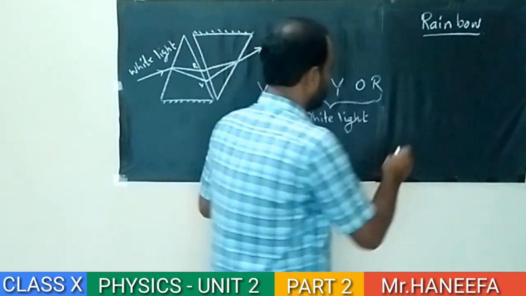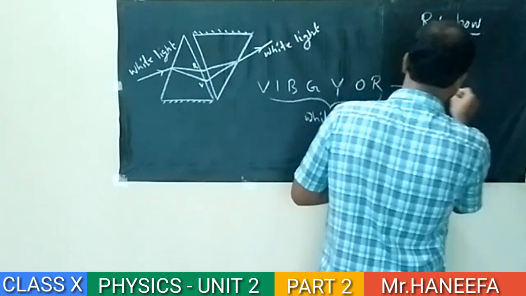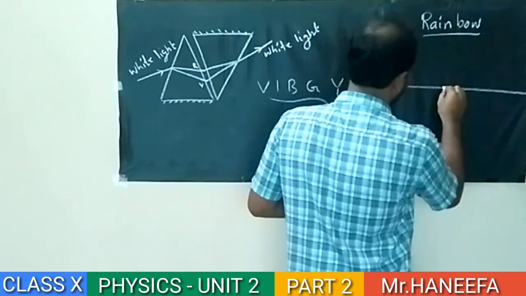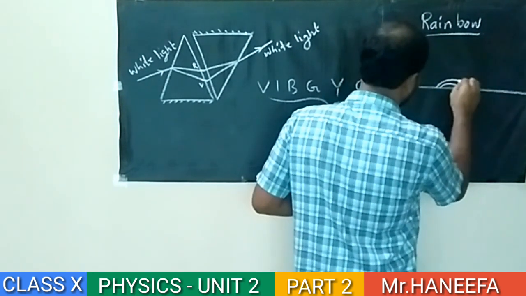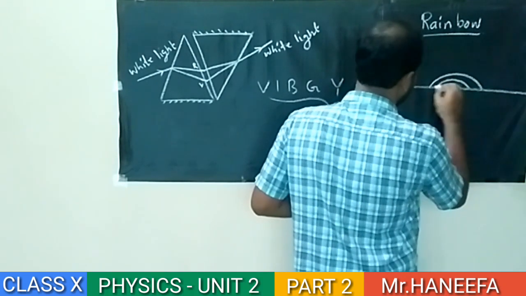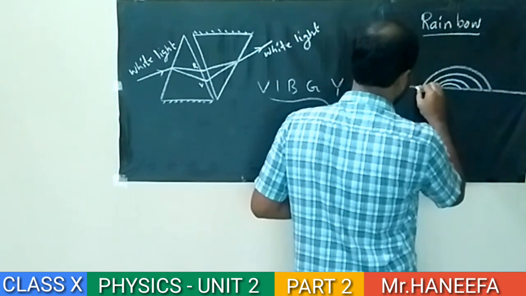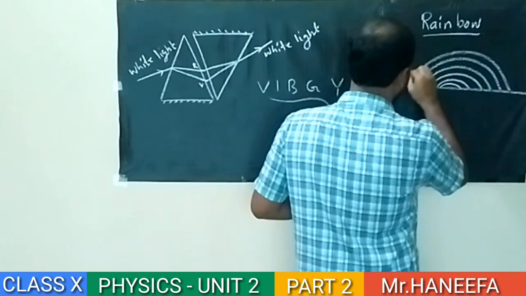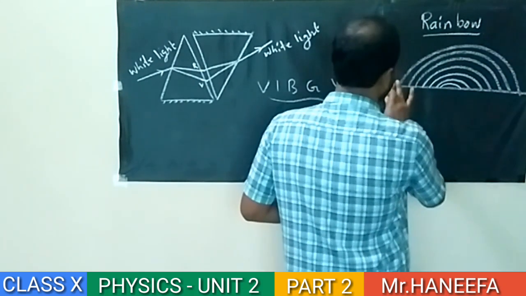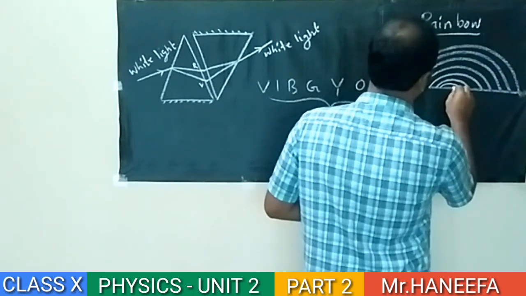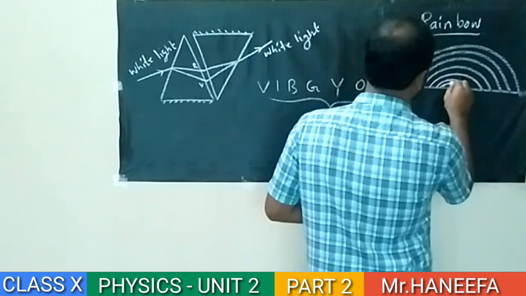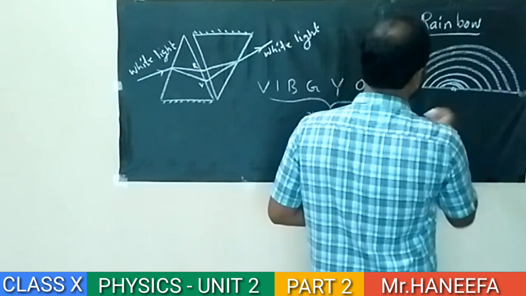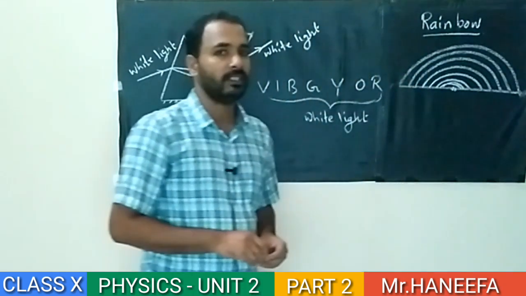Okay, so this point is called the center of the rainbow.